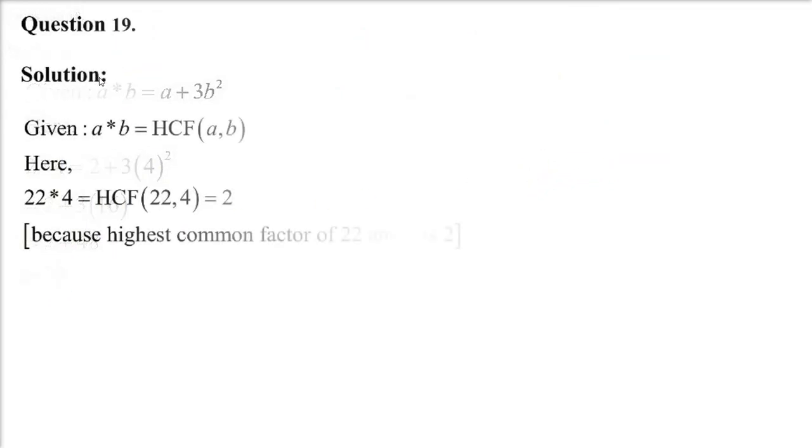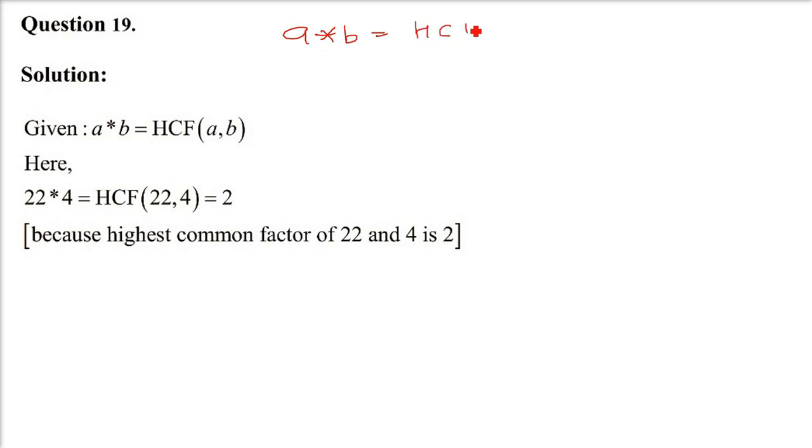Then the next one. Let star be the binary operation on natural numbers N given by A star B is HCF, the highest common factor of A and B, where A, B belong to N. Write the value of 22 star 4. So just find the HCF of 22 and 4.